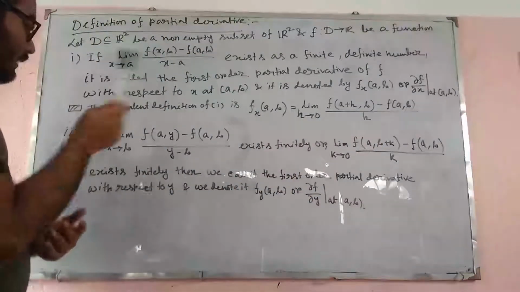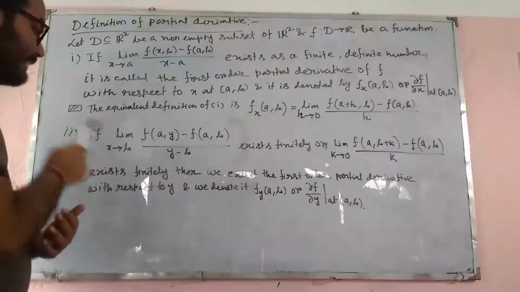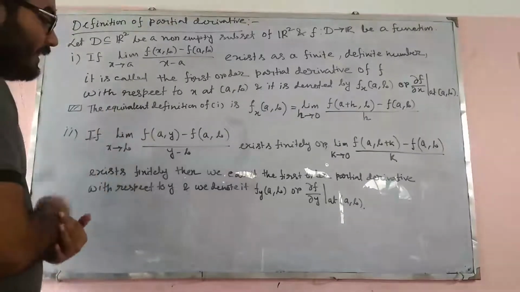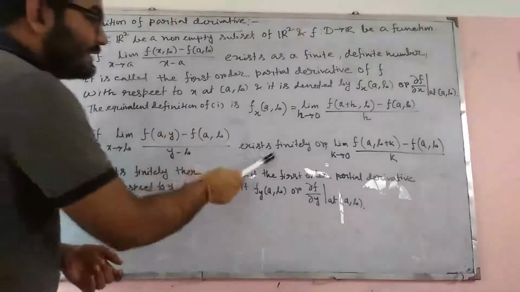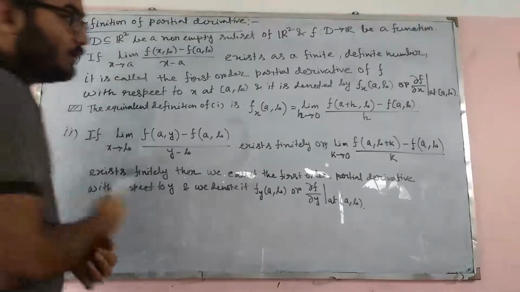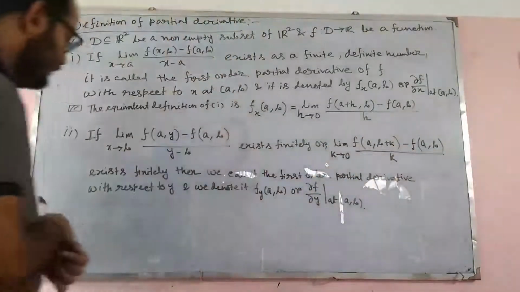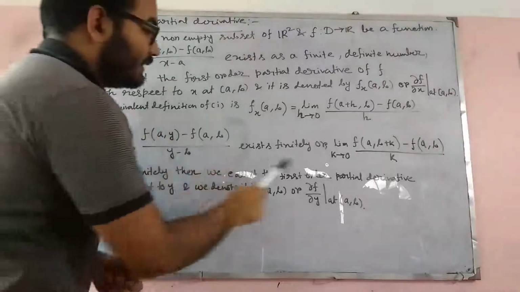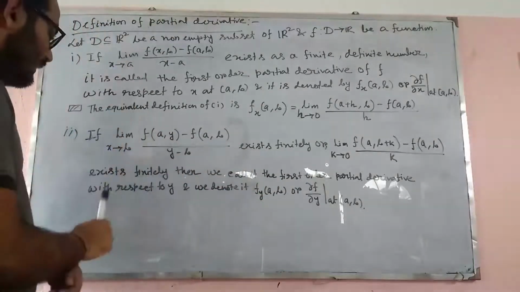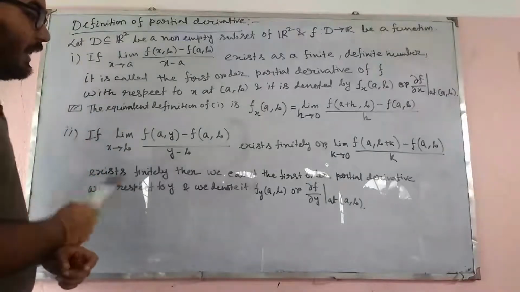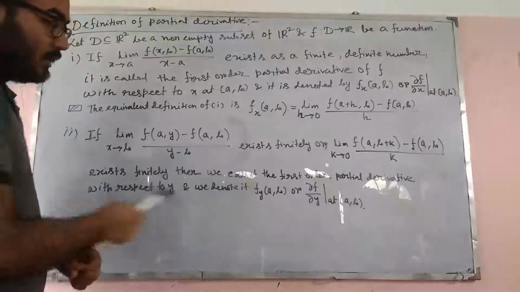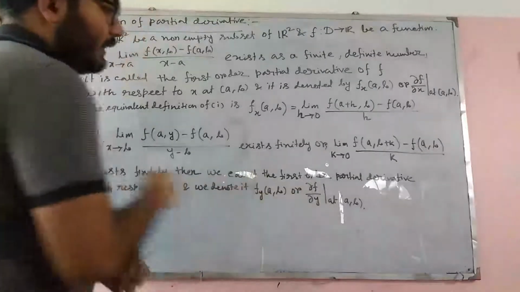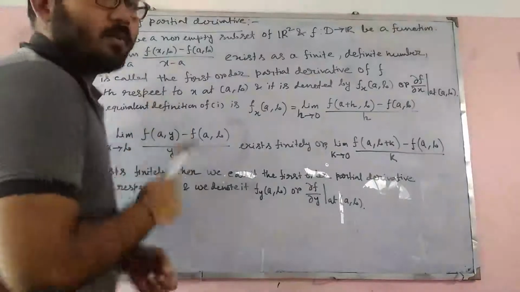And if the limit y tends to b of f of a comma y minus f of a comma b by y minus b exists finitely, then we call it the first order partial derivative with respect to y, and we denote it f of y of a comma b or del f del y at a comma b.